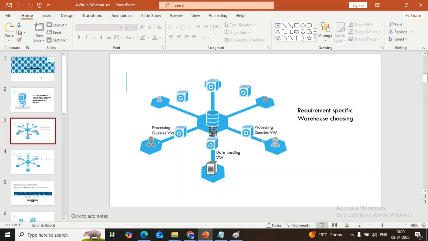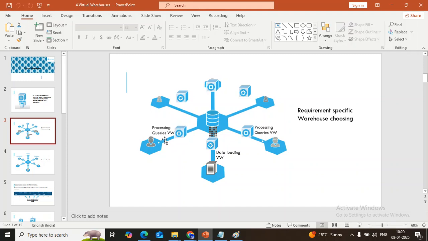And as I mentioned, every organization is dealing with entry-level people, mid-experience level people, and senior-level people. So there is a dedicated warehouse for each of them on the basis of their work.